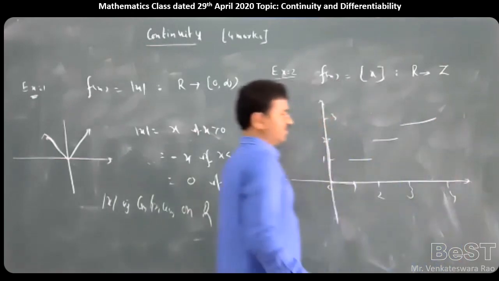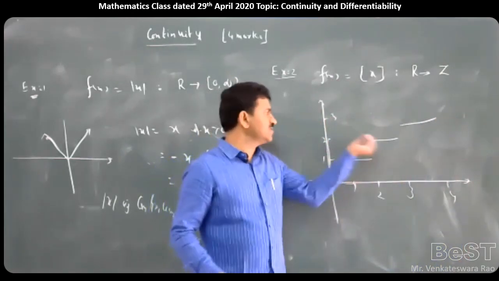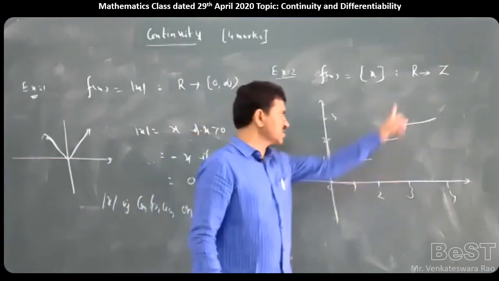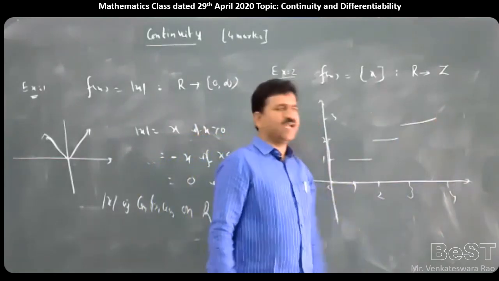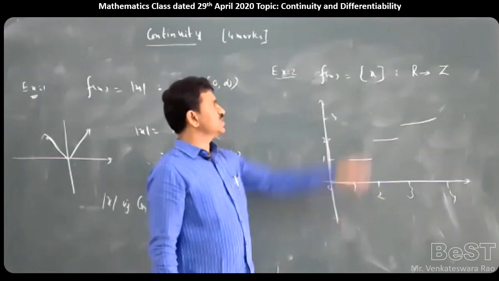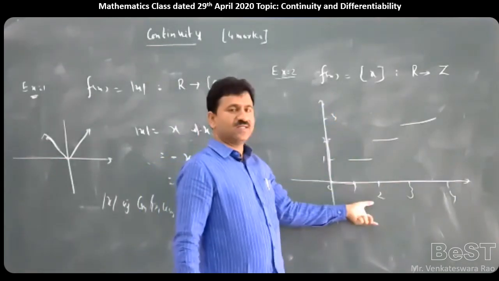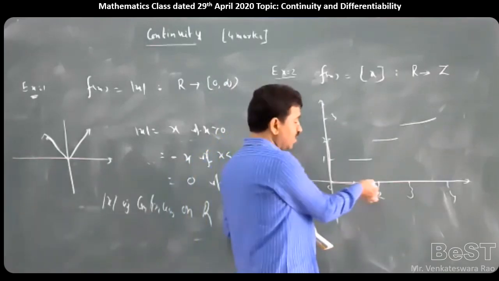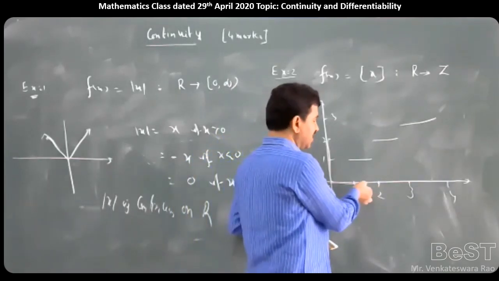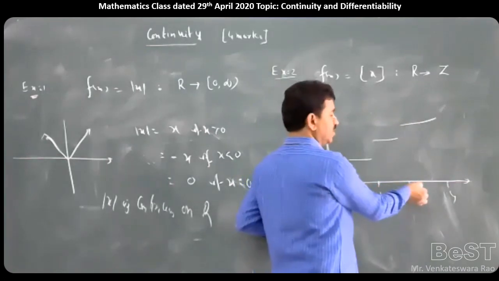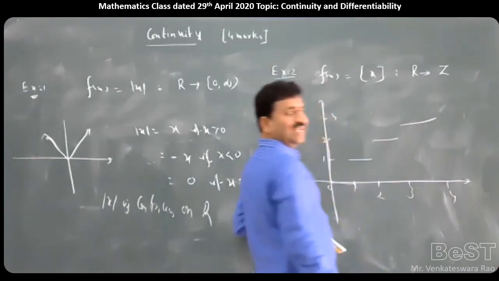See, steps, and these steps are discontinuous. Where is it discontinuous? At integral values. So step x is discontinuous at integer values of x and continuous at non-integral values. Non-integral means 1.1, 1.2, 1.3, like this, 2.1, 2.2, 3.4, all non-integral values.